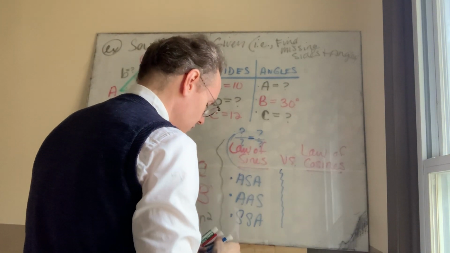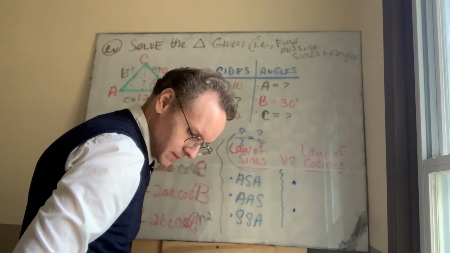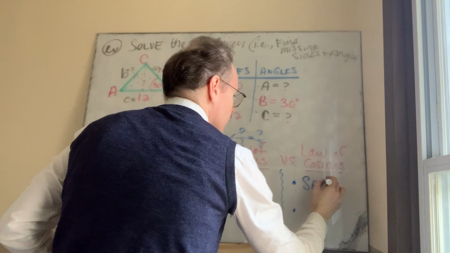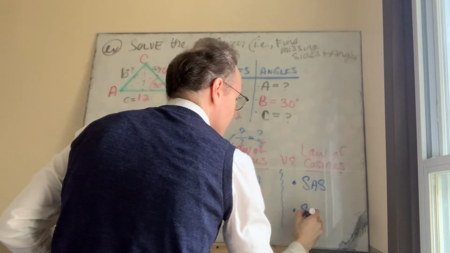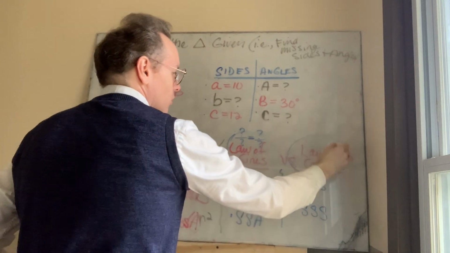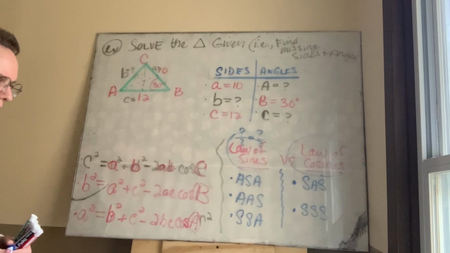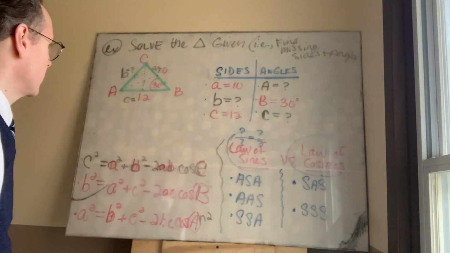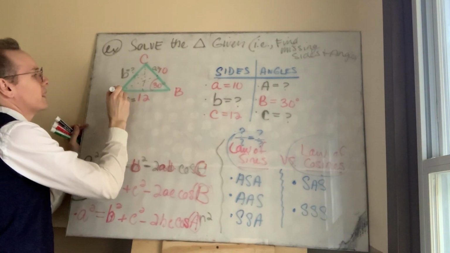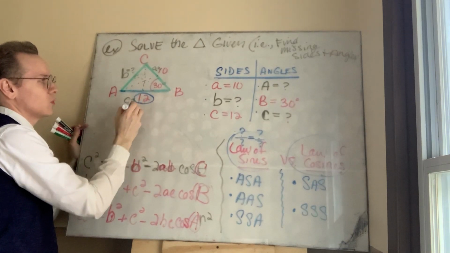If, on the other hand, you have these two situations, side, angle, side, and side, side, side, you would appropriately choose the law of cosines, which are one of these three. Okay, so let's see what we got. We have, I'm going to highlight here, a side dimension, because that's a 12 there.